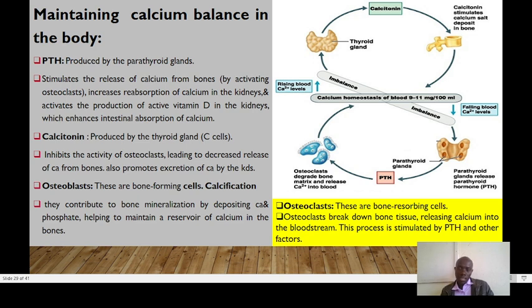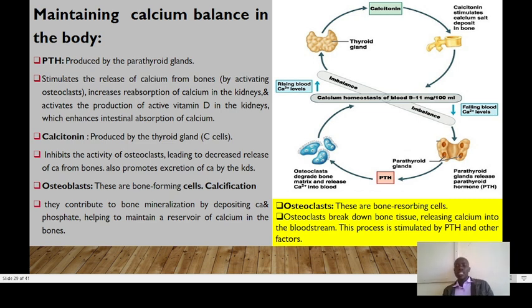As for calcitonin, this is produced by the C cells of the thyroid gland. It inhibits the activity of the osteoclasts, so that means decreased release of calcium from bones. It also promotes excretion of calcium by the kidneys, so it reduces the level of calcium in blood.